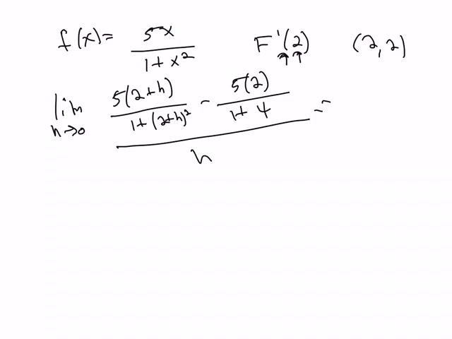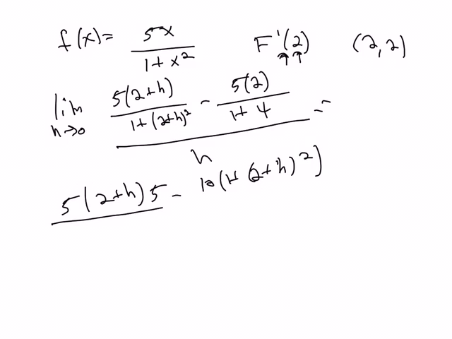this is going to equal 5 times (2 plus h) times 5 minus 10 times (1 plus (2 plus h) squared), finding the common denominator, over 1 plus (2 plus h) squared, all of this times 5, and then times h.